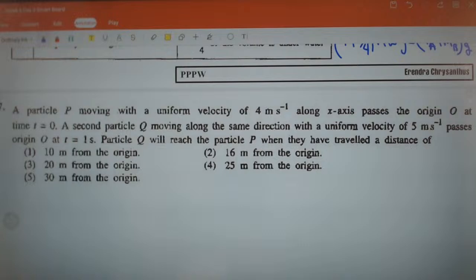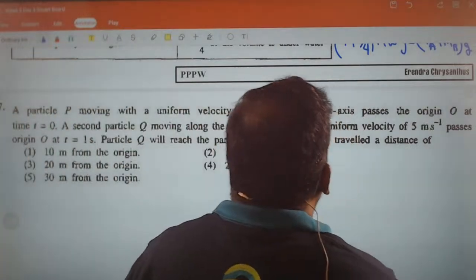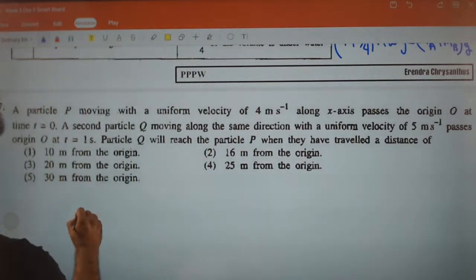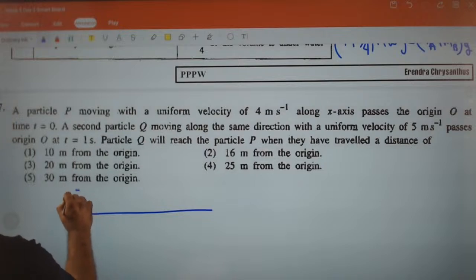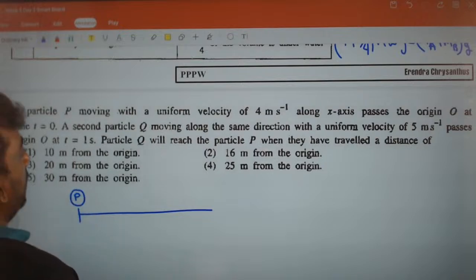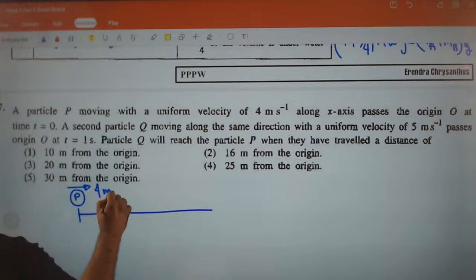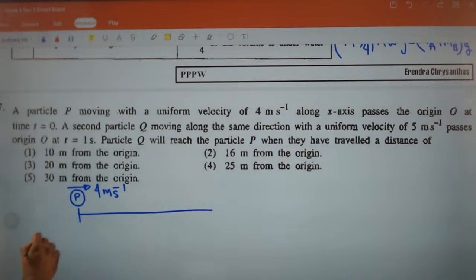A particle P moving with a uniform velocity 4 along the x-axis passes the origin at time t equals 0.